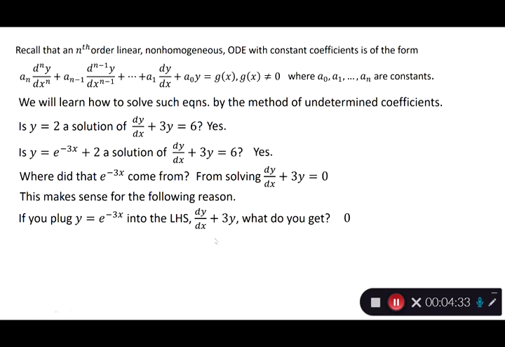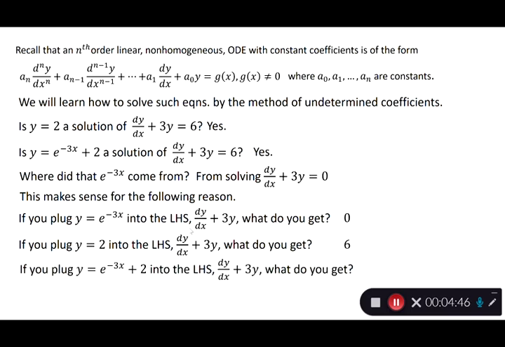If you plug in 2, you get 6. We already showed that. So if we add e to the negative 3x plus 2 and plug that in, we get 0 due to e to the negative 3x and 6 due to the 2. So 0 plus 6. That is in fact a more generalized solution than just 2 alone.